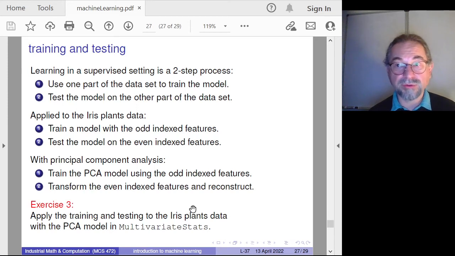So in a way, you could regard the clustering approach, so the k-means algorithm, as an algorithm that does this as well. But here I'm going to try to explain in one slide how you can use this PCA model. So what we do is we take one part of the data set to train the model, and then we test how good the model is on the other part of the data set.